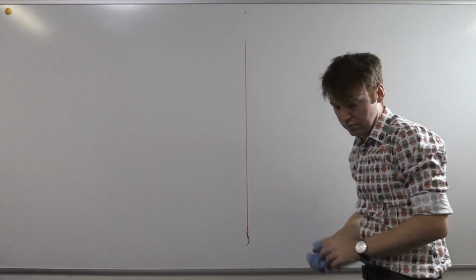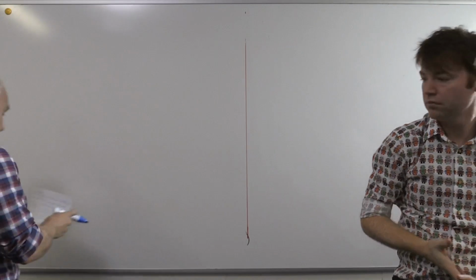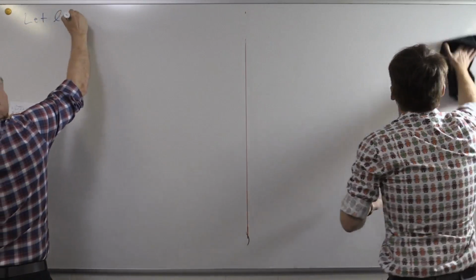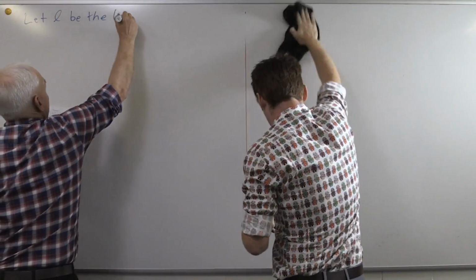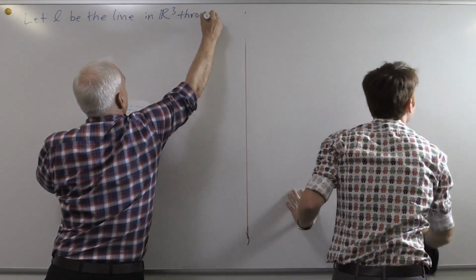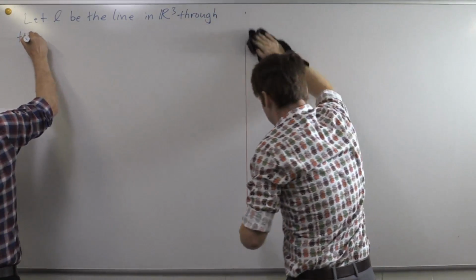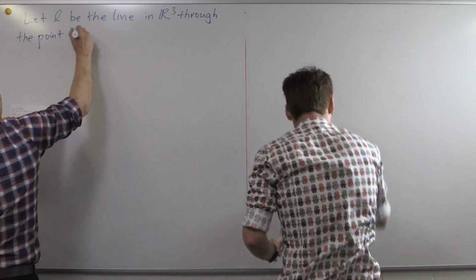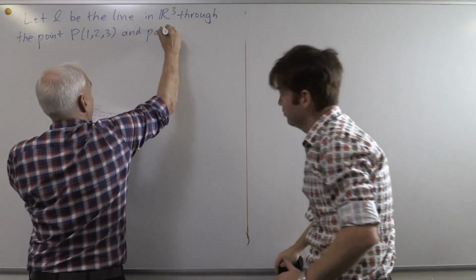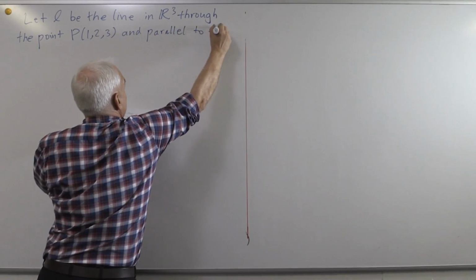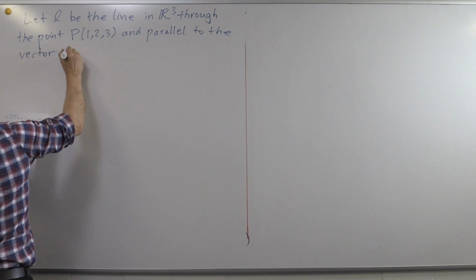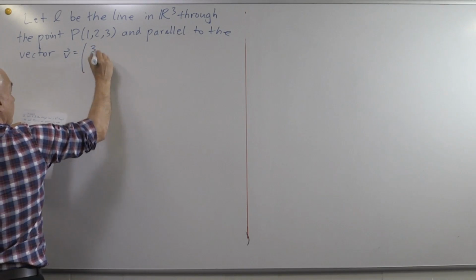Okay, so our last question has to do with projections. Let L be the line in R3 through the point P, coordinates 1, 2, 3, and parallel to the vector V equals 3, 1, 2.